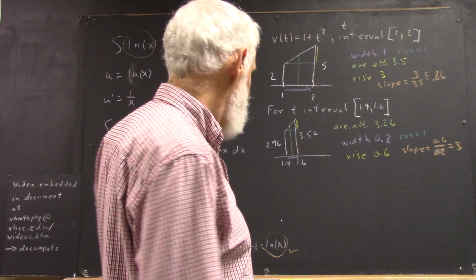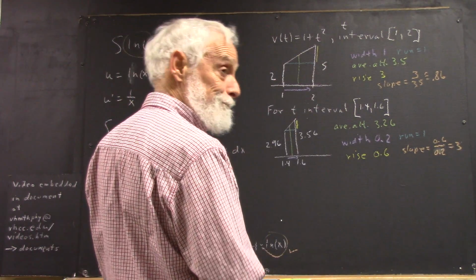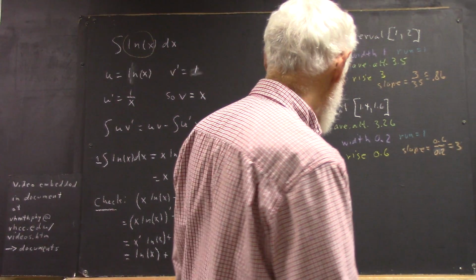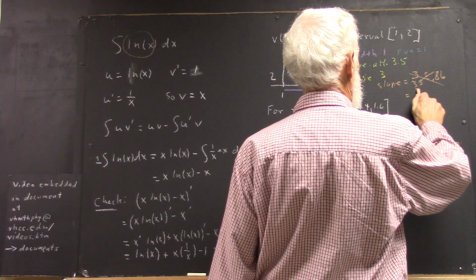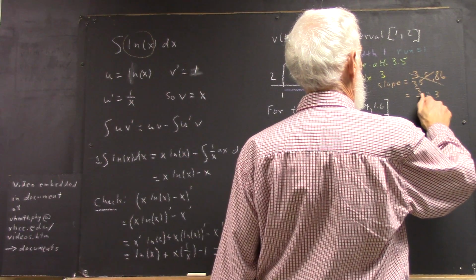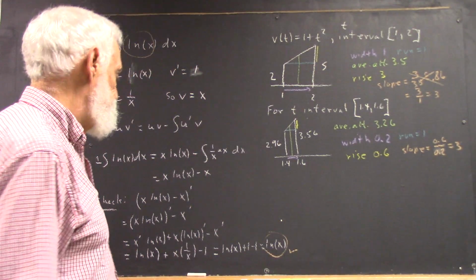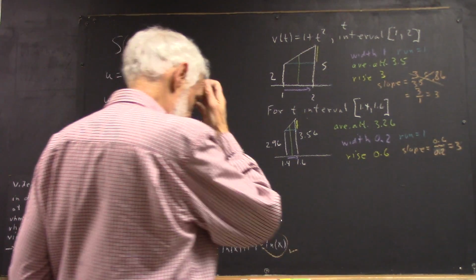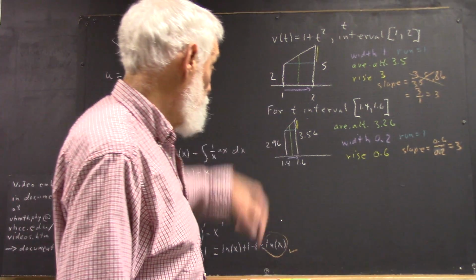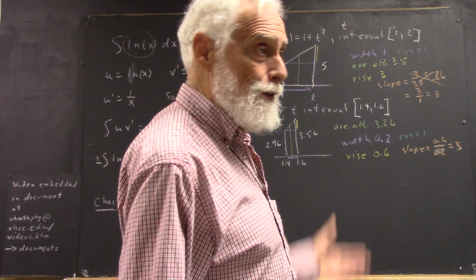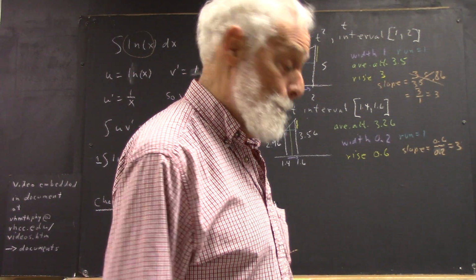And that slope should be 3. Now, that's kind of boneheaded of me to choose a quadratic function, because in that case, these have to come out the same, and the other one will too.